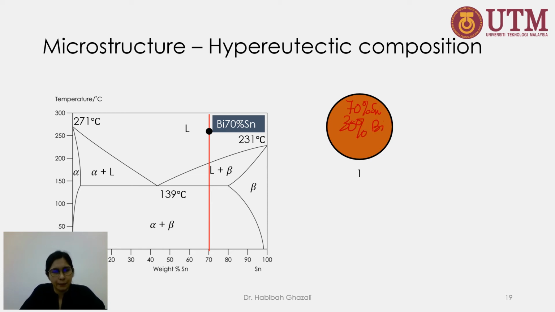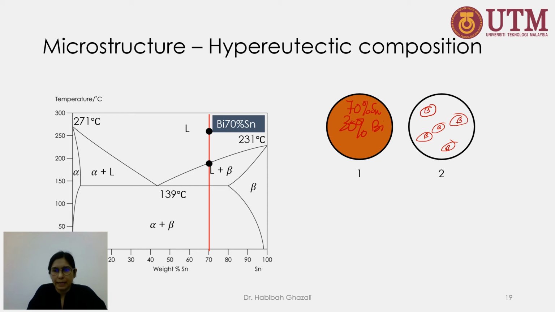As soon as the temperature drops to the liquidus line, which is 185 degrees Celsius, primary beta will start to form. So we will have a solid solution of primary beta forming in our liquid. And this primary beta is a tin-rich solid solution. It contains more tin atoms compared to bismuth atoms.